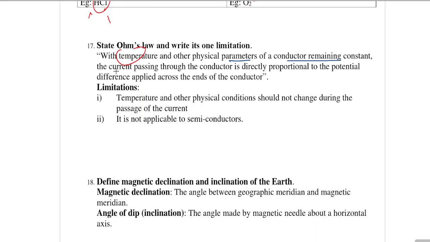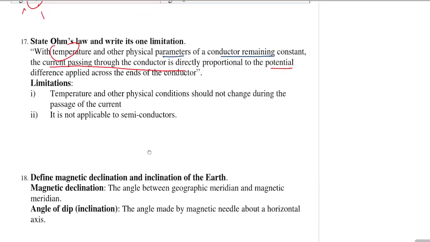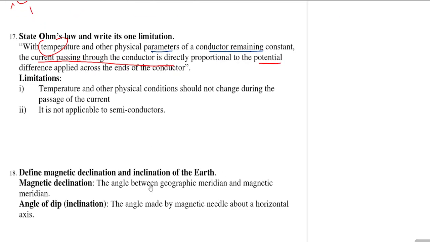Then the current passing through a conductor is directly proportional to the potential difference across the ends of the conductor. A very important statement. So we'll look at a case where the question says to state and explain Ohm's law. If that is a 2-mark question, then you can write the statement given here and explain this.